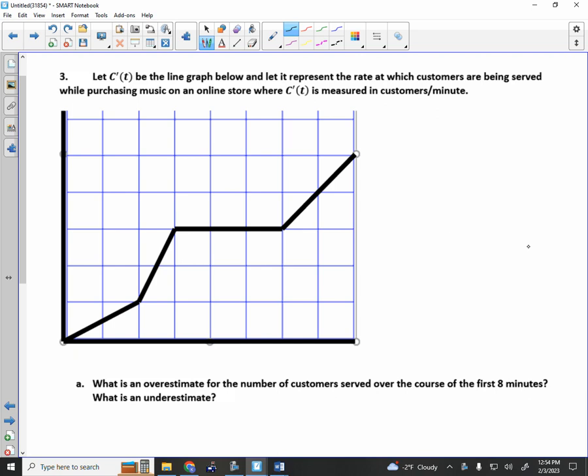The last one says, let C prime of t be the line graph below, and let it represent the rate at which consumers are being served while purchasing music on an online store, where C prime of t is measured in customers per minute. Okay, so t represents minutes, and this is C prime of t.